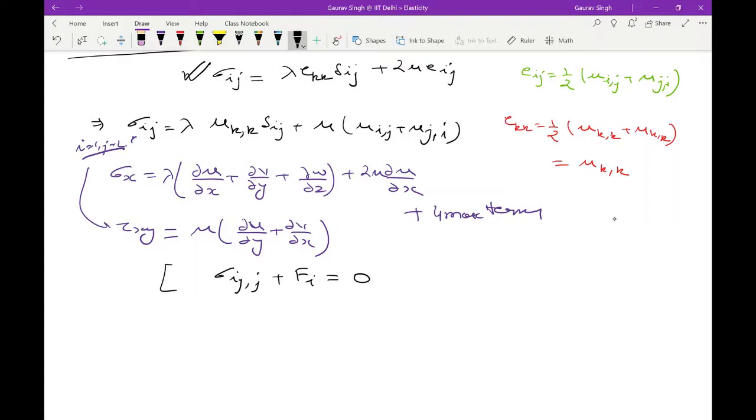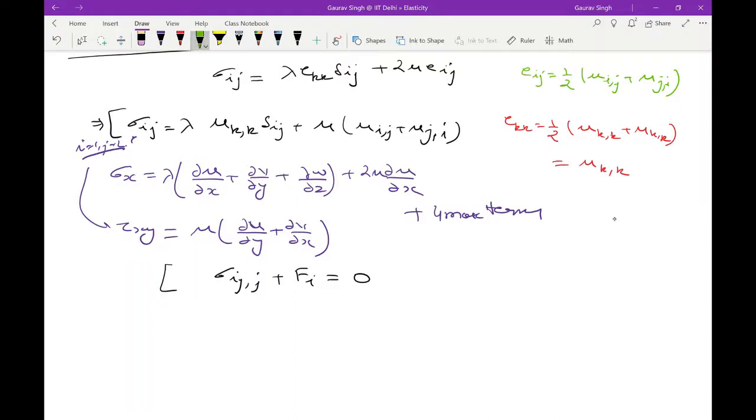So sigma ij,j can be written as lambda. So we'll just look at this equation. Okay, so that would be lambda, let's just do it on this side.